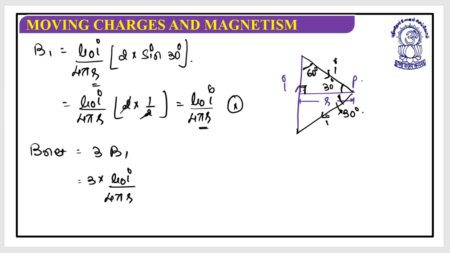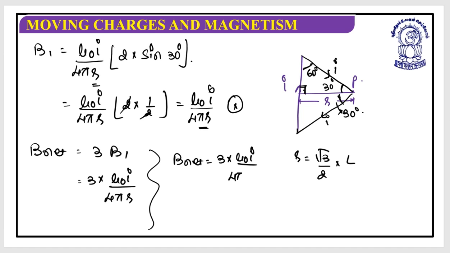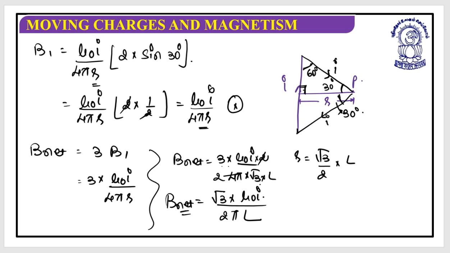Now we have a value of r, which should be root 3 by 2 into L. So let's put in this value. B net should be equal to 3 into mu naught I divided by 4 pi multiplied by r. r is root 3 by 2 into L. So 3 twos are 6, or this root 3, this is 2, this is 2, into mu naught I divided by 2 pi L. This is B net.